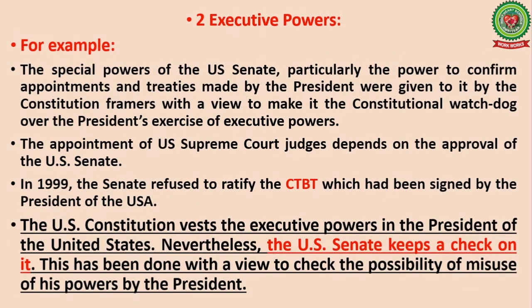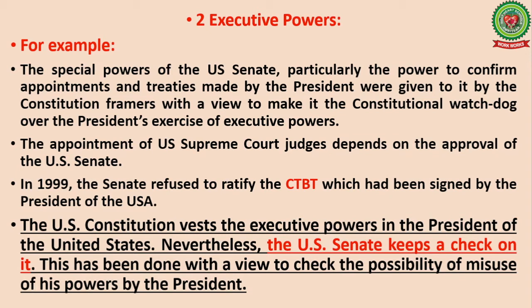Next is the executive powers. Example is the special powers of the US Senate, particularly the power to confirm appointments and treaties made by the President, were given to it by the Constitution framers with a view to make it the constitutional watchdog over the President's exercise of executive powers. Students, this is very, very important.